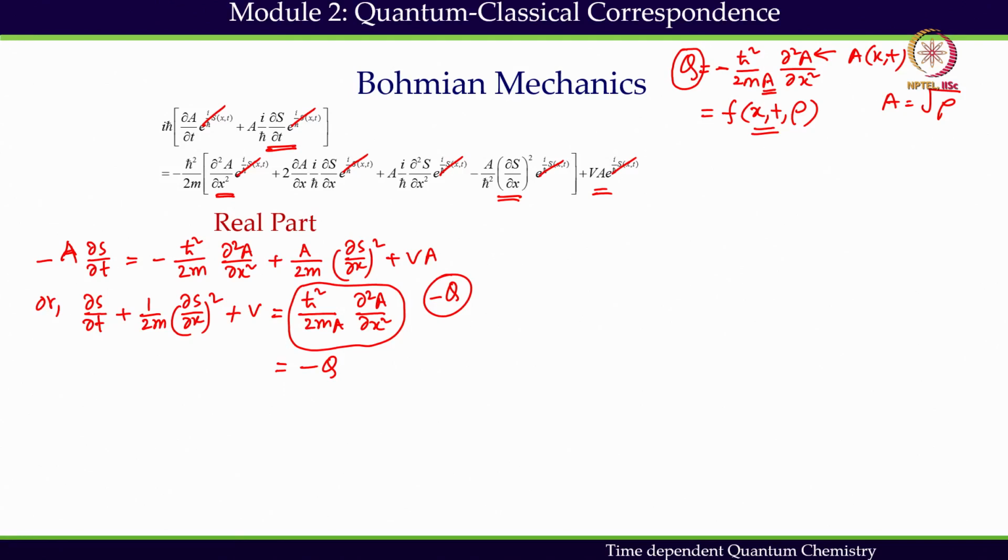This Q function is a function of x, t and its density. I will rearrange this equation: minus V plus Q.